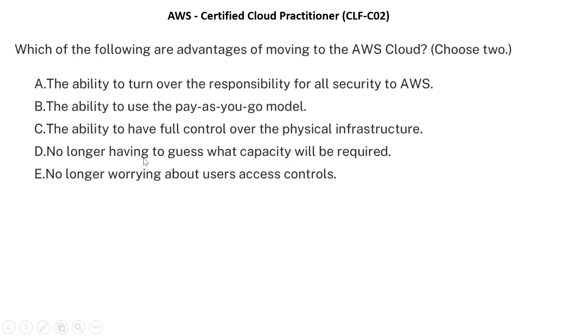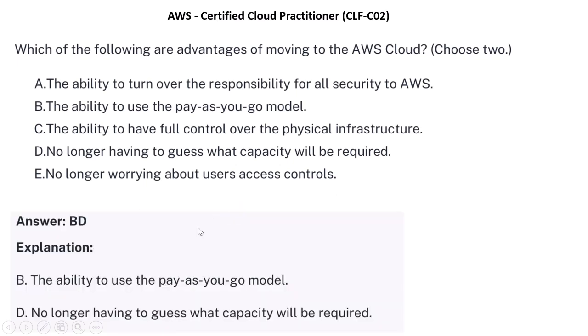Option D, no longer having to guess what capacity will be required. Option E, no longer worrying about users' access controls. The right options are option B and option D, the ability to use the pay-as-you-go model, and no longer having to guess what capacity will be required.